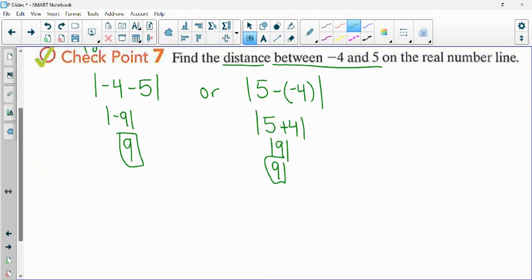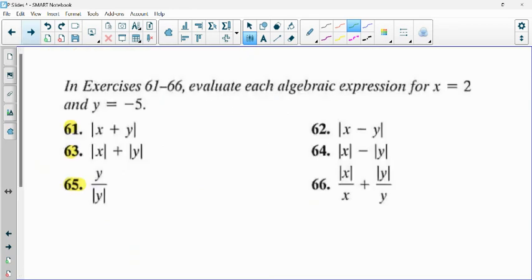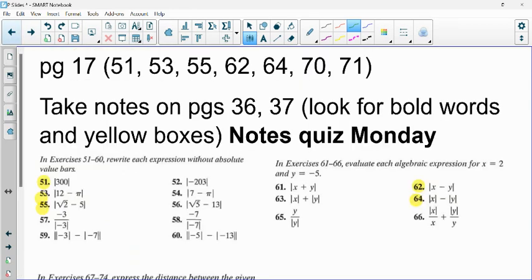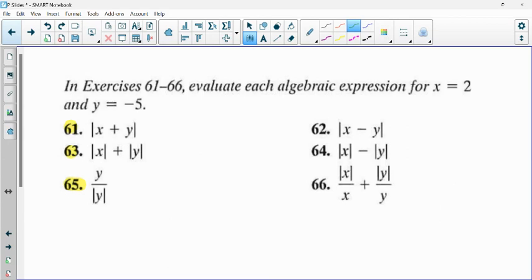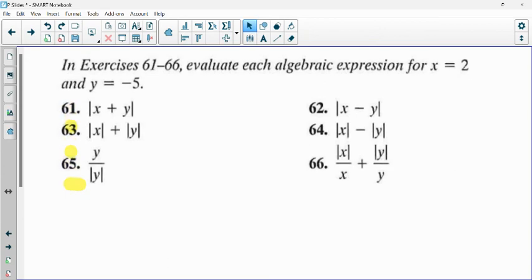All right, and then the last thing we're going to be looking at is some evaluating. So we're evaluating this expression here. We're going to do 61, 63, 65.